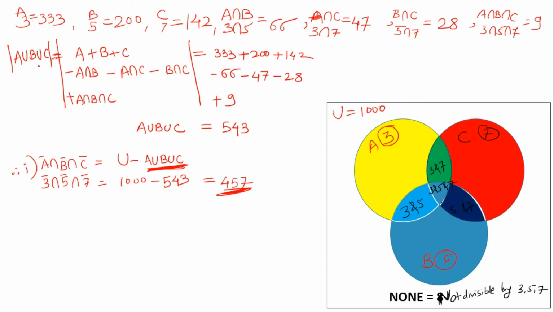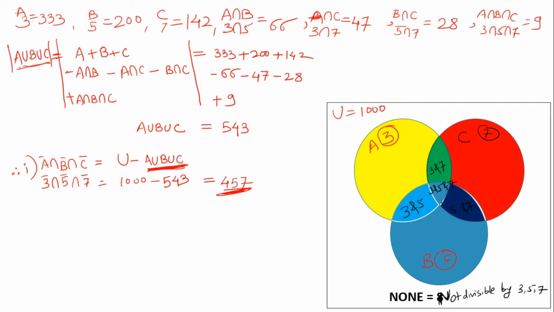We have to calculate how many numbers are divisible by either 3 or 5 or 7. So that can be calculated. Just put all these values in this equation, which will be set A plus set B plus set C, numbers which are divisible by 3 or 7 or 5, A plus B plus C, minus numbers which are divisible by both 3 and 5, 3 and 7, 5 and 7.